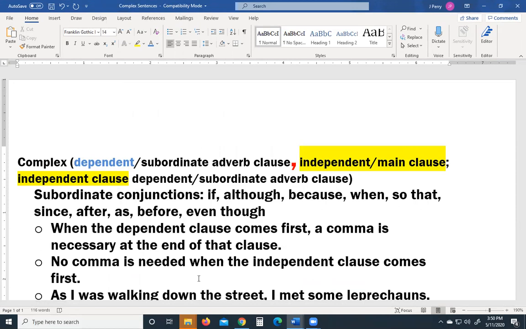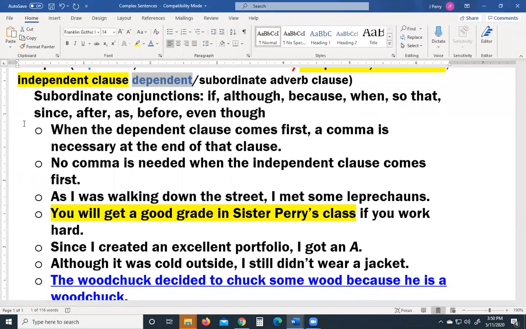When the independent clause precedes the dependent or subordinate clause, no comma is necessary. So I actually have that rule right here. When the dependent clause comes first, a comma is necessary at the end of that clause, period.